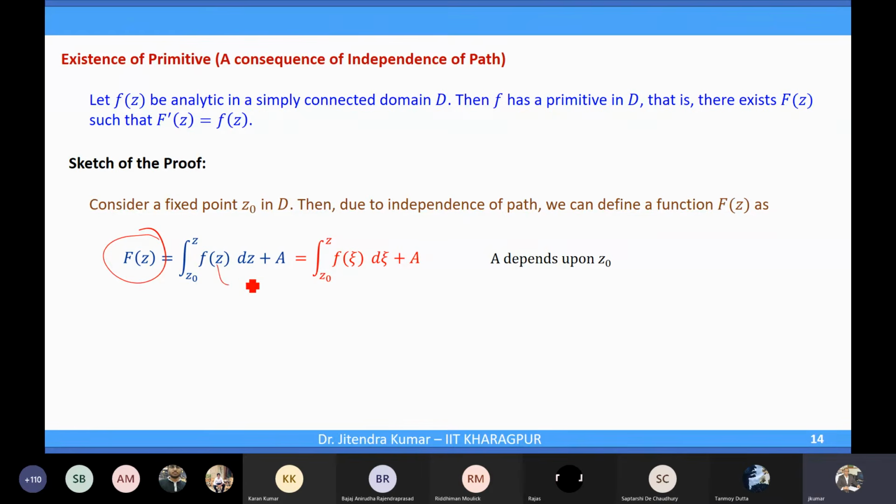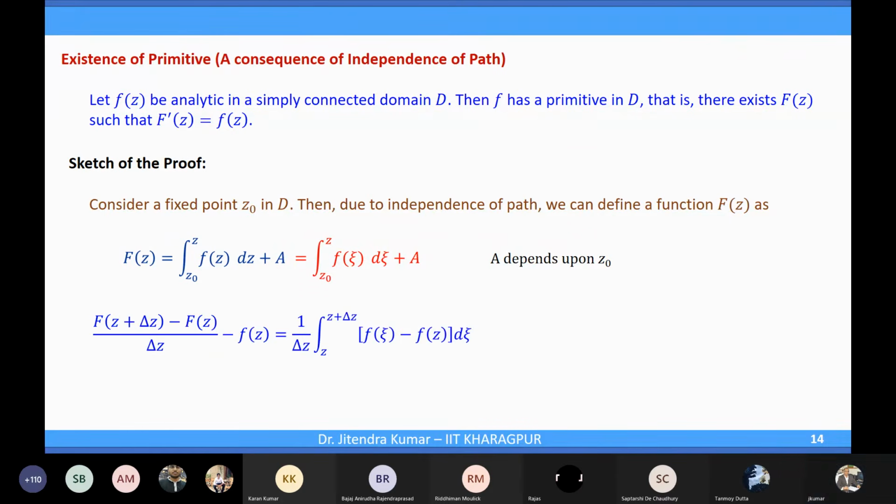And this z, because of the confusion with the limit also having z, you can replace with some other name. For instance, here I have taken xi. And then the idea to show that F'(z) is equal to f(z) is the fundamental theorem of integral calculus in a complex variable.